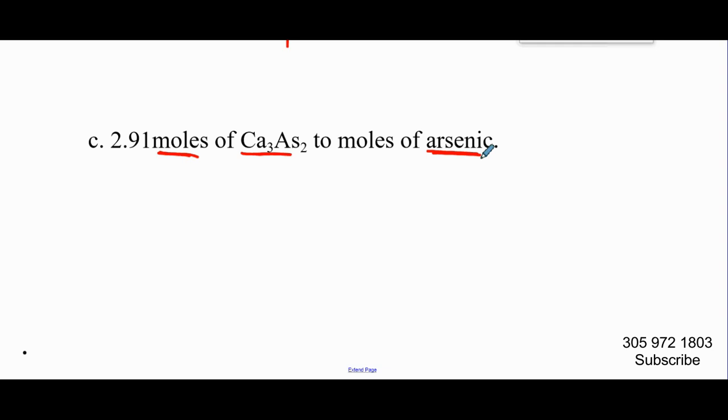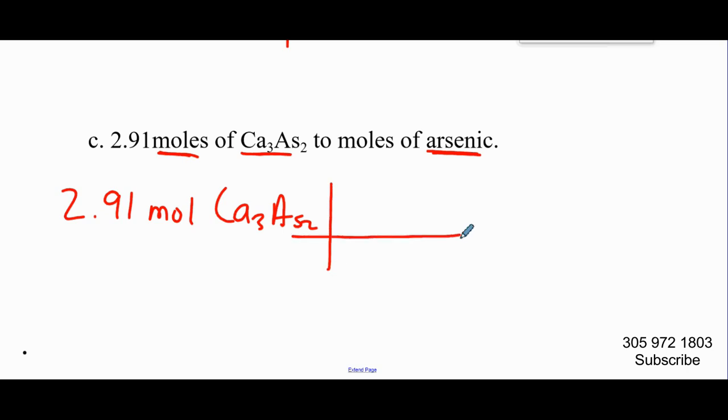I am given 2.91 moles of Ca3As2. Cancel with the standard, which is 1 mole. And since I only need to look for As, we're at 2 over here, 2 moles of As.